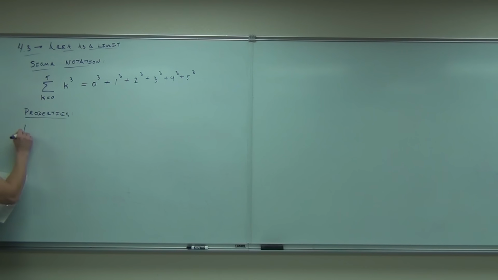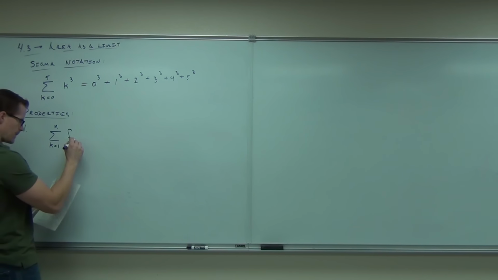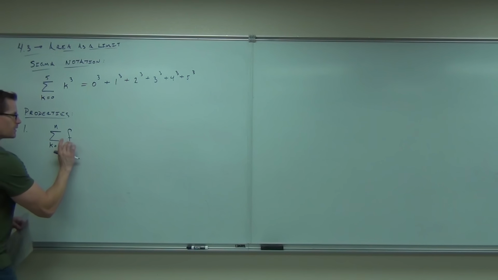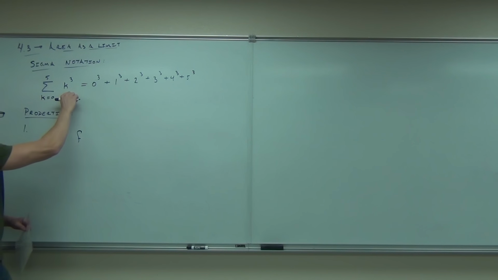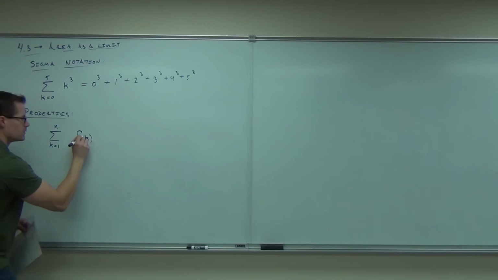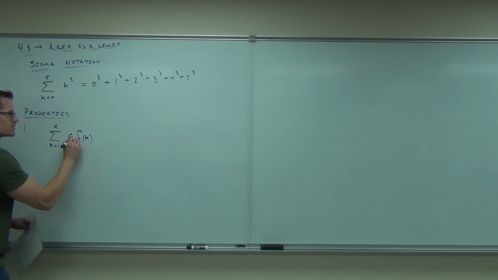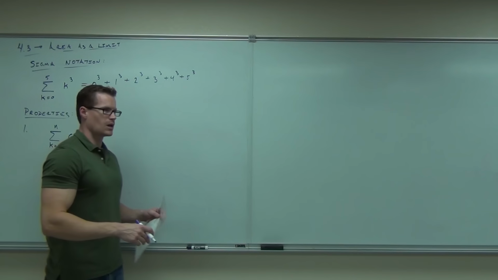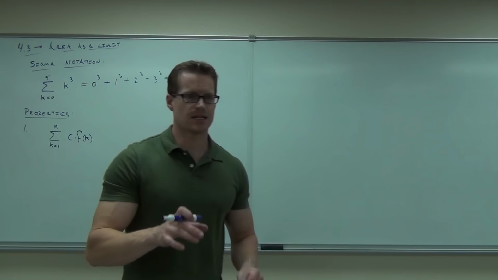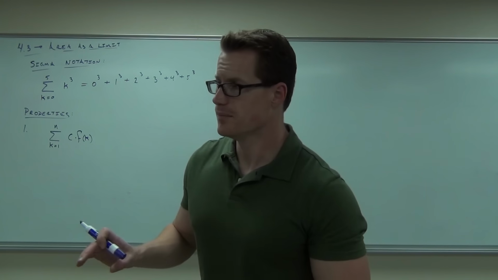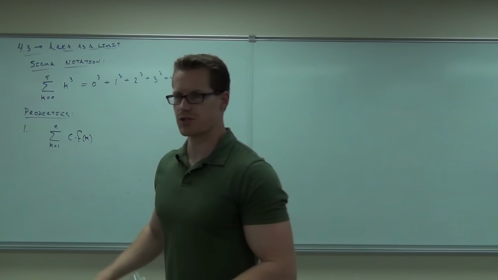If you have any summation, and you have a function of k, times a constant, what you can do is this. That c, if it doesn't depend on k, you can pull out in front of your summation.